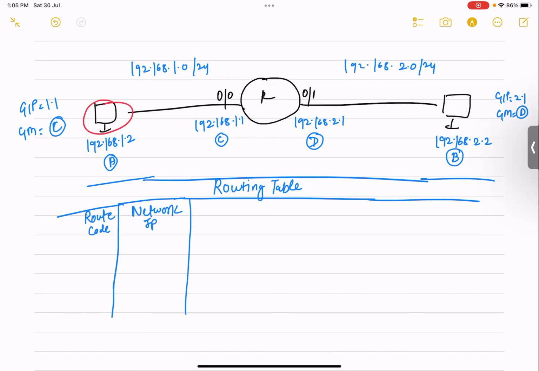Then prefix. Prefix means you can say subnet mask, but this prefix is available only as a slash value. Then we are getting interface. Then timers. Any doubt?